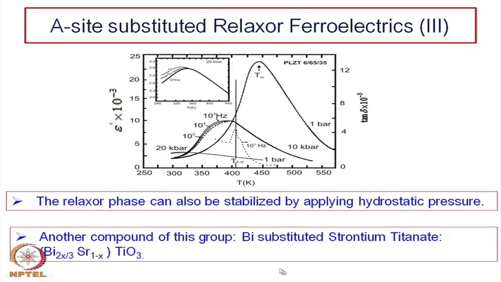This is one thing. The bismuth substituted strontium titanate. Okay. So, the bismuth substituted strontium titanate, where part of the strontium has been replaced by bismuth, that also has a Relaxor Ferroelectric behavior, but the details of the data are not here. Okay.